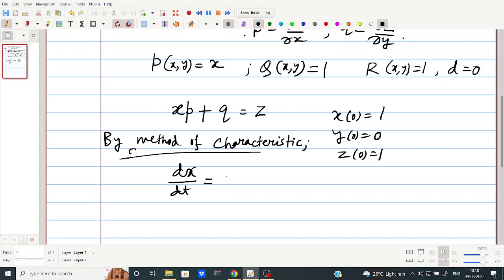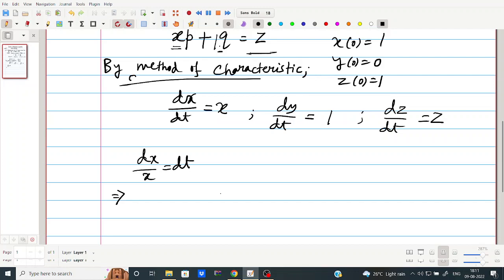By solving the first equation I get dx by x equal to dt. Now I integrate both sides. By integrating I get log x equal to t plus log c1. I take the constant as log c1 so that I get x equal to c1 into e power t.